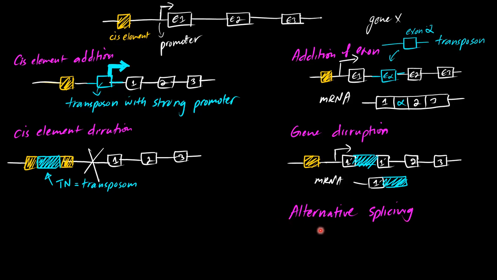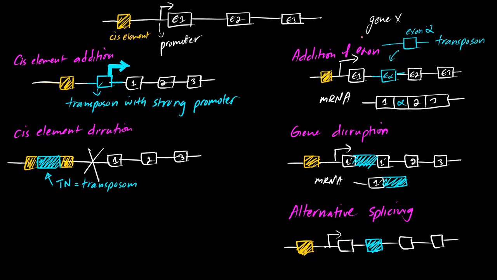Insertion of the transposon between exons like this might cause some changes to the way the mRNA from this gene is spliced.